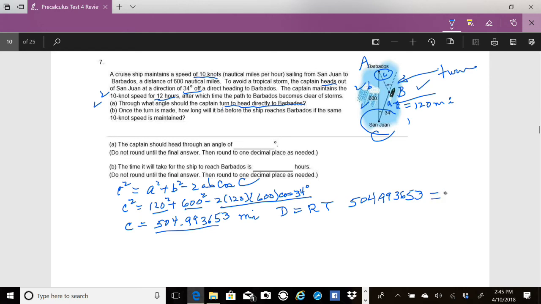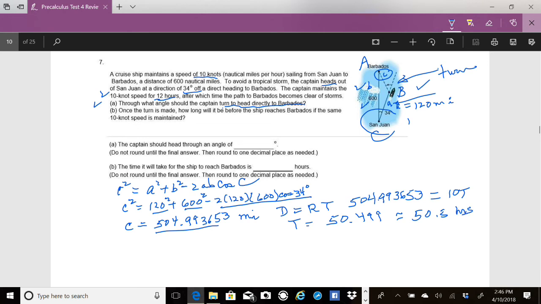It's equal to the rate, which is 10, times the time, which is T. So T becomes 50.4999, which rounded off to the nearest decimal would be 50.5 hours.